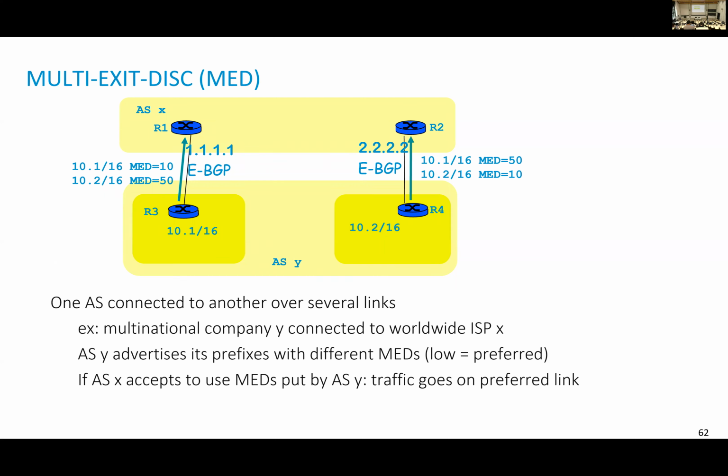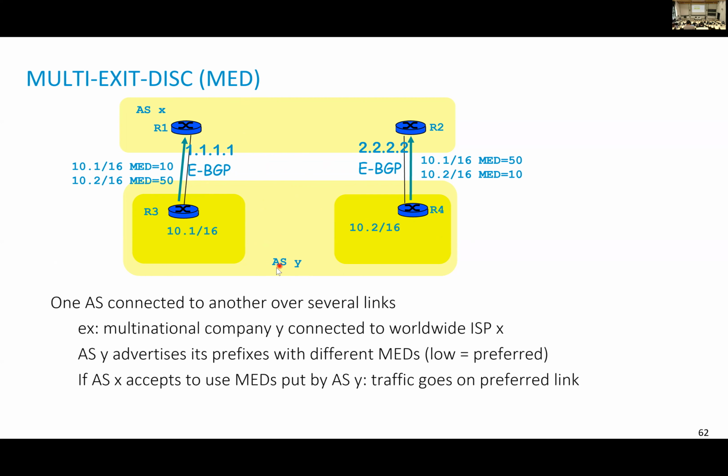Another thing that is often used is related to dual home systems, and it's called the MED, multi-exit discriminator. It is used in a case like this, where multi-homing, if you remember, means a domain that is connected to several other domains or to one domain at several points.